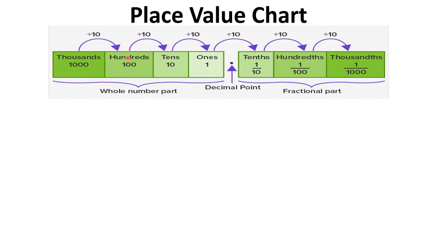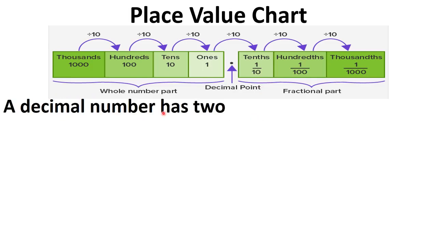And when we are moving from hundreds to tens place, it is also divided by 10. When tens to ones place, then also it is divided by 10. And when we move from ones to the tenth place, it is also divided by 10. So when we move from left to right, each place is divided by 10.